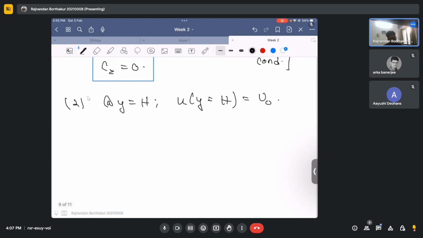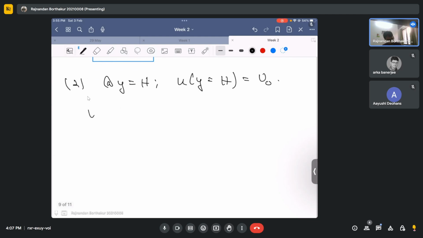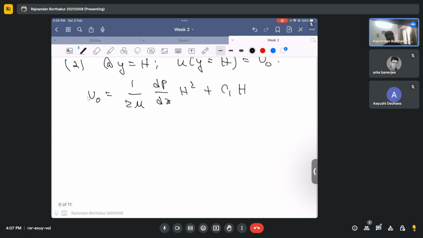We will end up getting u naught equal to 1 by 2 mu dp dx times h squared plus c1 h. The idea is to calculate c1. So we bring c1 to the left hand side and divide the entire equation by h. We get c1 equal to u naught by h minus 1 by 2 mu times dp dx times h. So C1 is found.